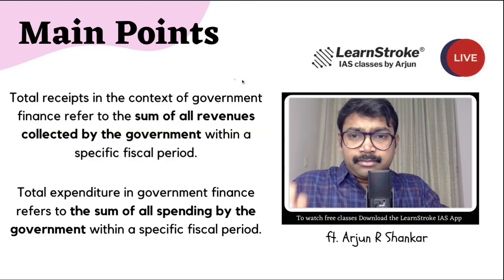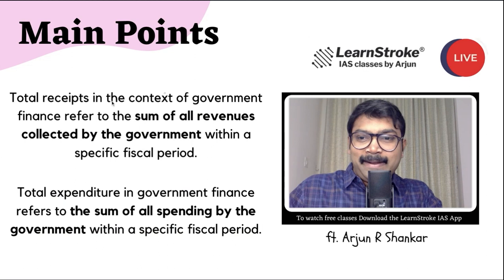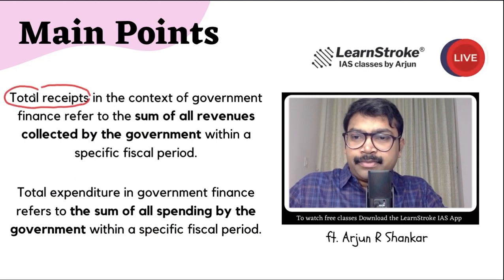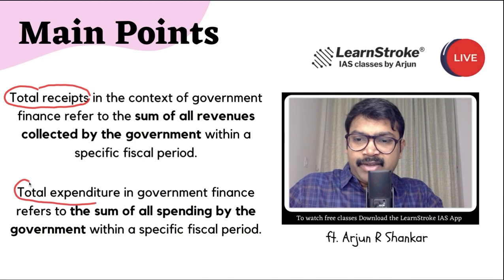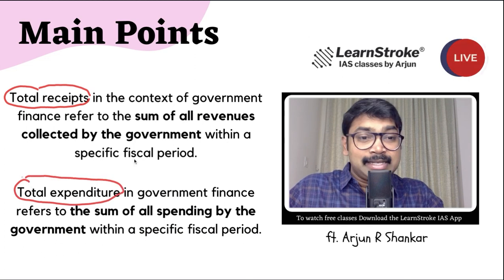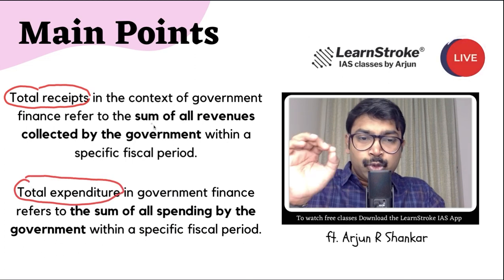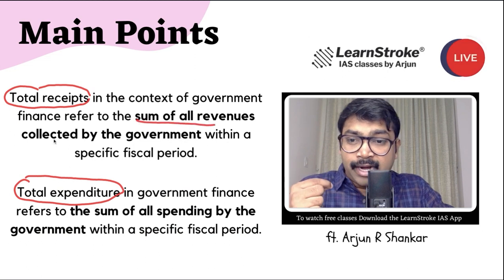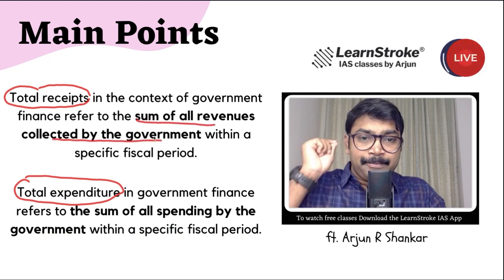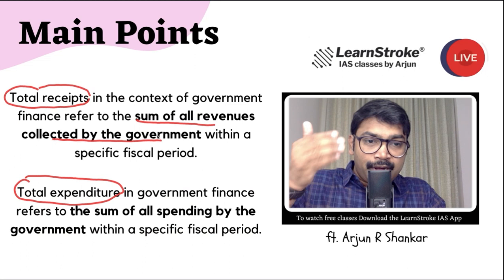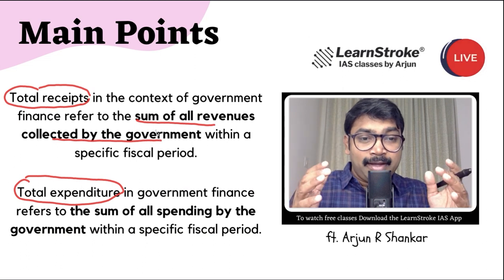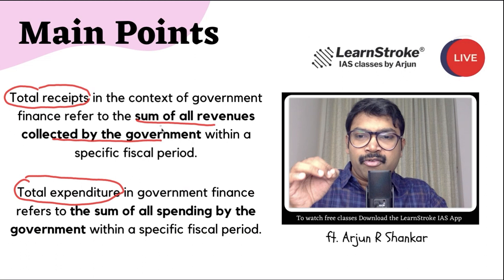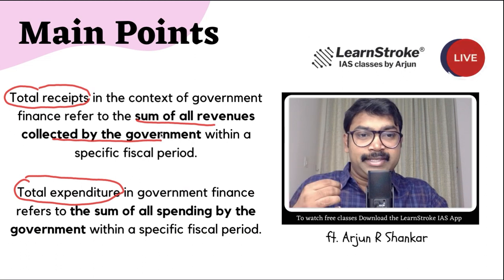Okay, so let's get some basics here correctly. What is the concept of total receipts and total expenditure? It is very important to know, because you will see these terms, total receipts and total expenditure. Total receipts means the sum of all revenues collected by the government in a fiscal year. All revenues means it can be tax revenue or non-tax revenue. So all the revenue that the government is making is the total receipts.